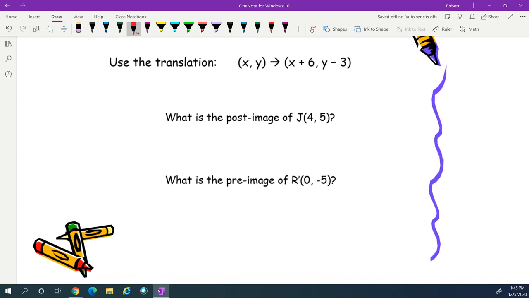In this example, we're given the rule. And in the first question, we're asked, what is the post image? So they gave us J. They asked for the post image, which means they're looking for J prime.